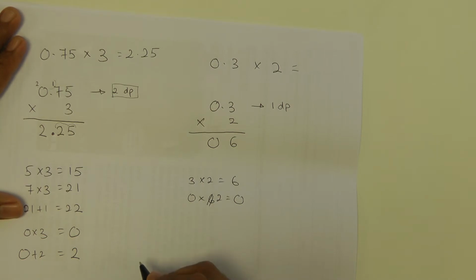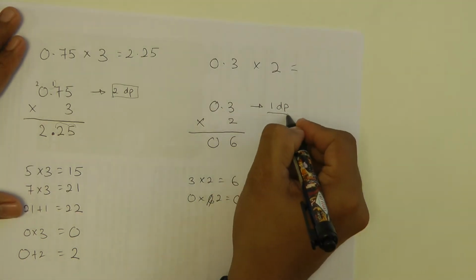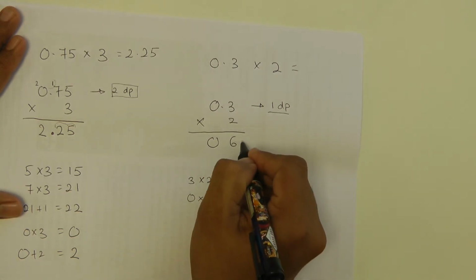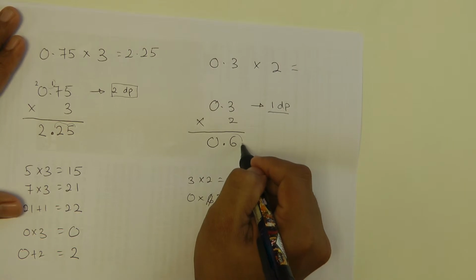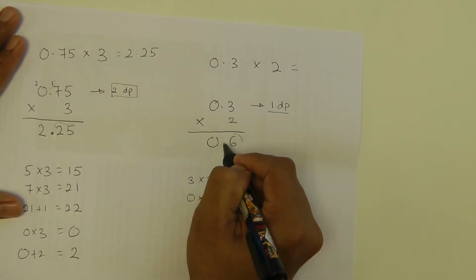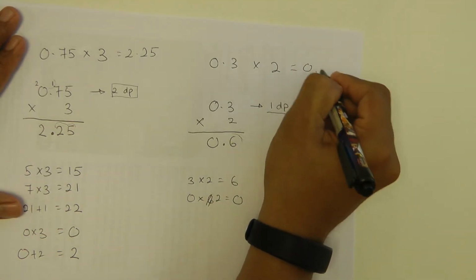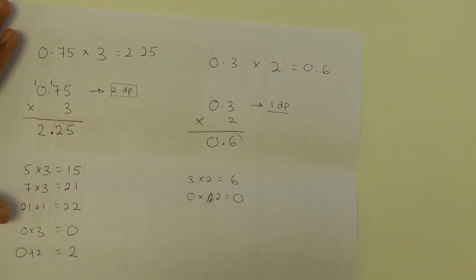So what's next after this? Because I have 1 decimal place, 1 decimal place should be here. From here I skip once and I get 0.6 as my answer.